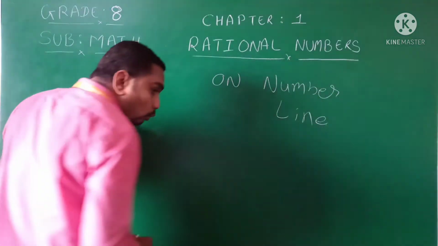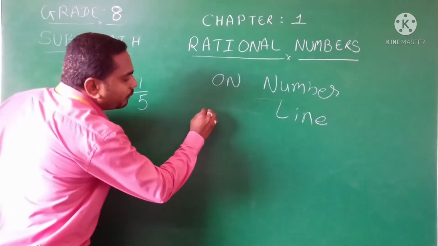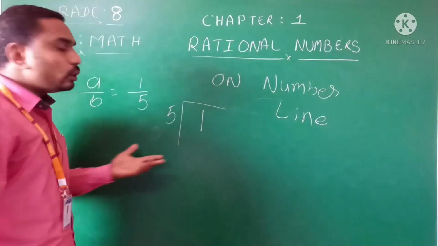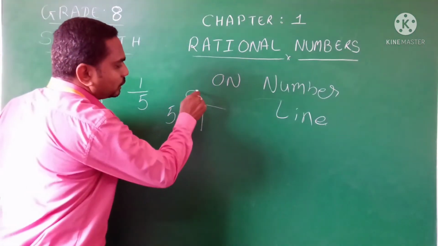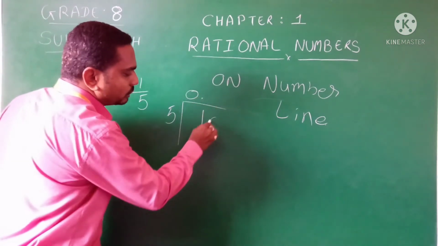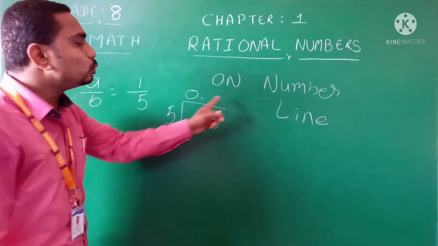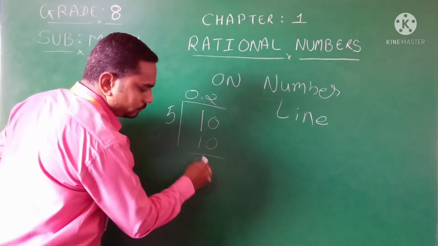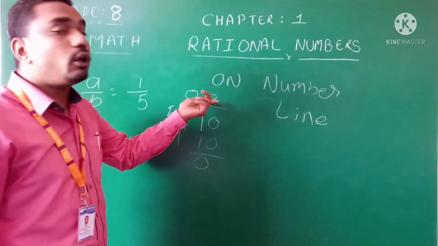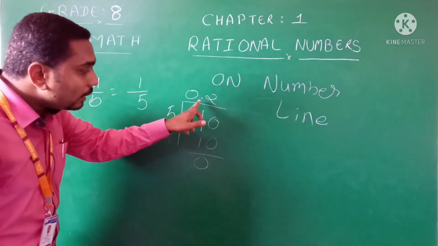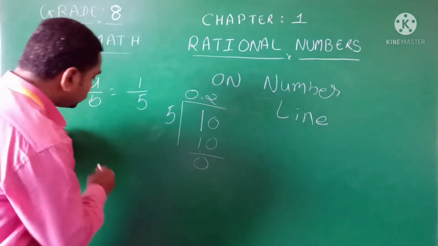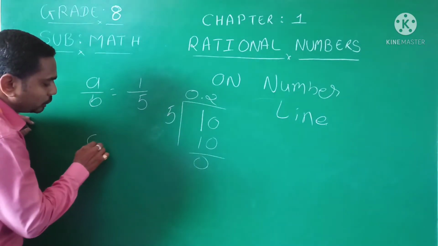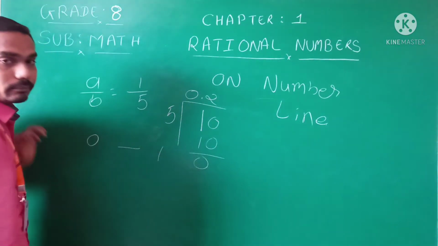To know that, we will divide 1 by 5. It is very easy. Here the 0 will be there, we put 0 here. 5 2s are 10. So here is 0.2. So 0.2 denotes that 1 upon 5 lies between 0 to 1.